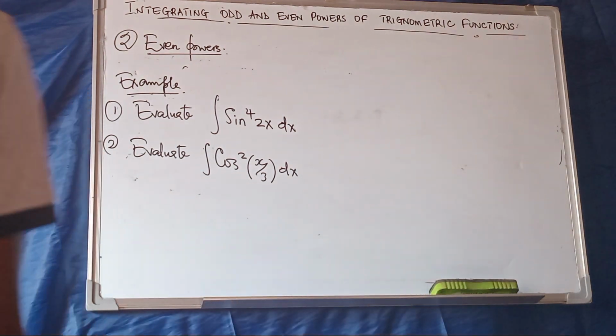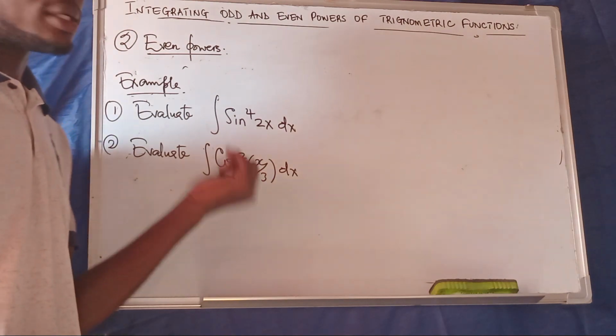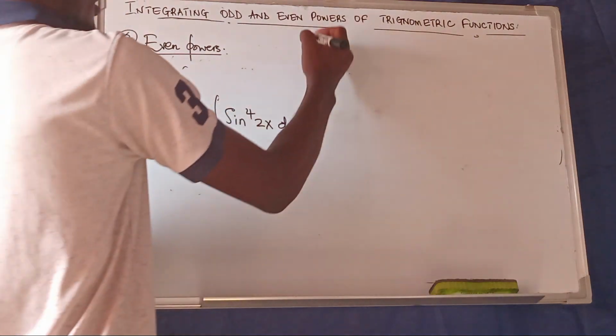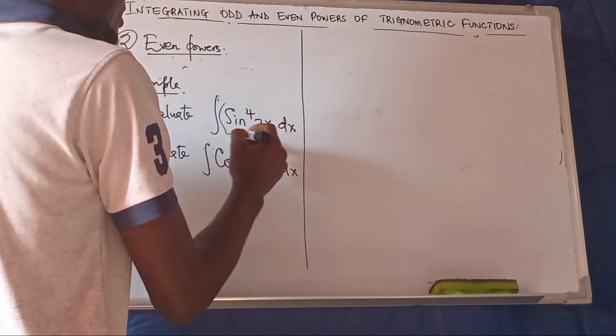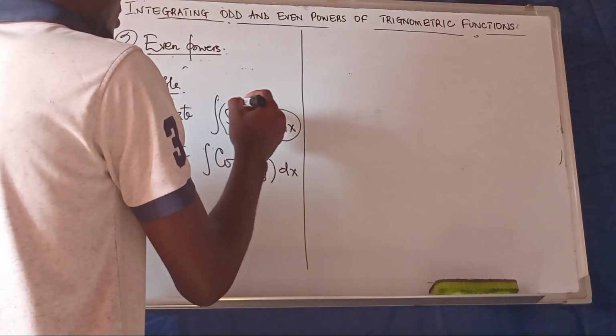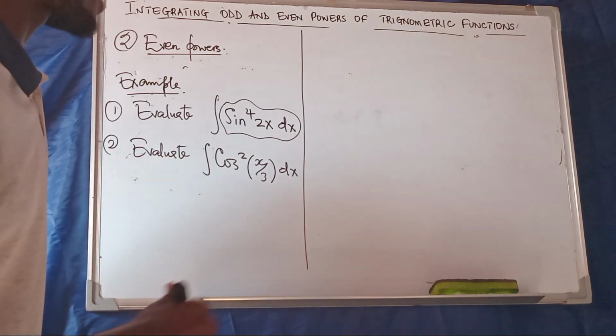So we have those integrals there, this one and this one. So we start with this one. We express this one in terms of double angles.